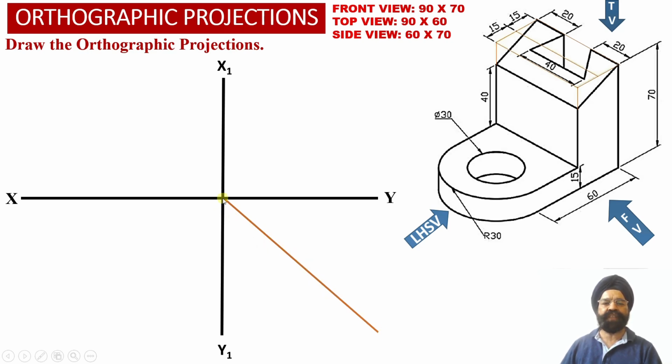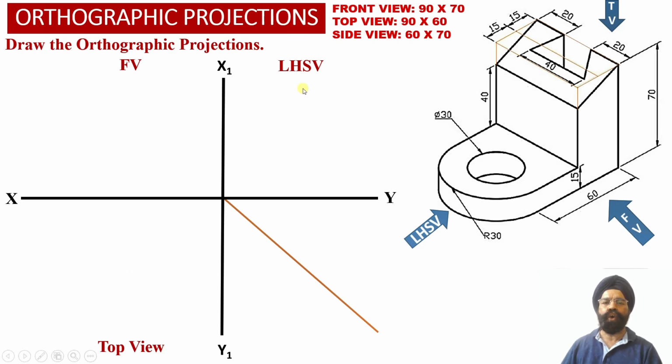This transfer line originates from the intersection point of the XY reference line and the X1 Y1 reference line, and we are going to use it in order to transfer the distances alongside the depth of the solid from the top view projections into the left hand side view projections over here.